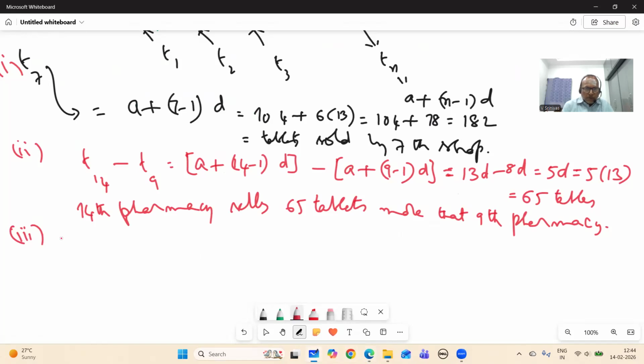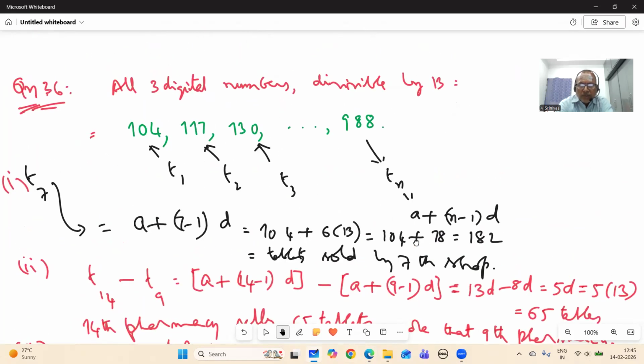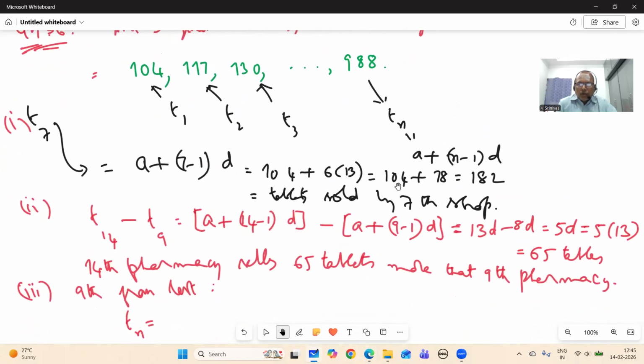Means we have to find n also. What is the last term? That is 988. So we have to find the position of this term. Let it be tn and we'll calculate n.